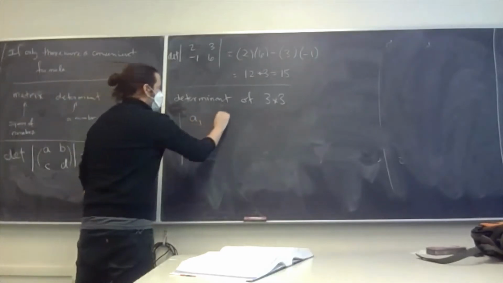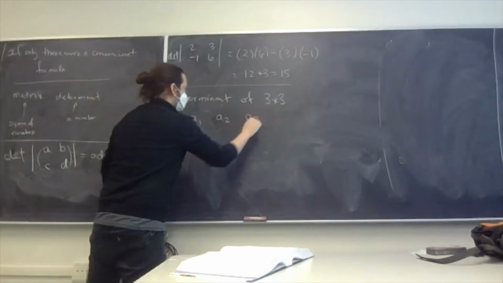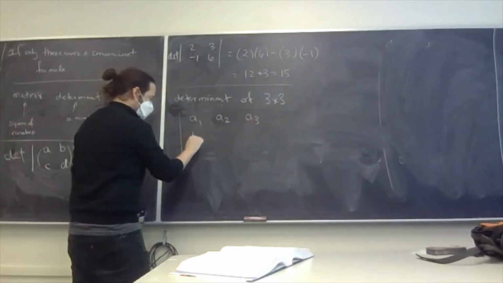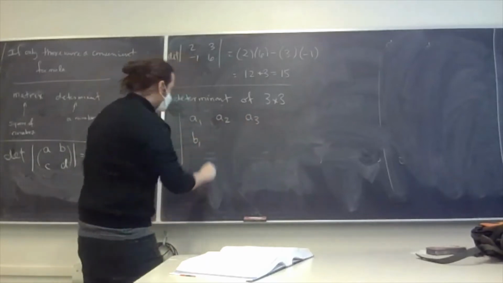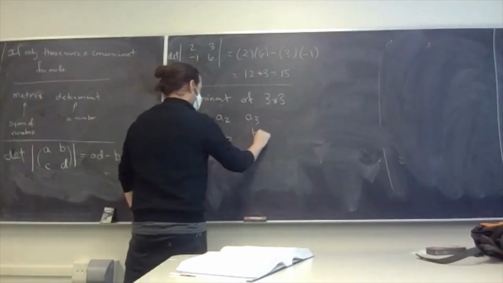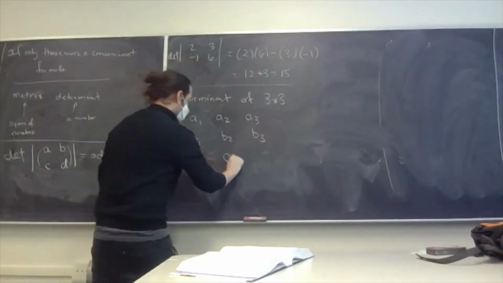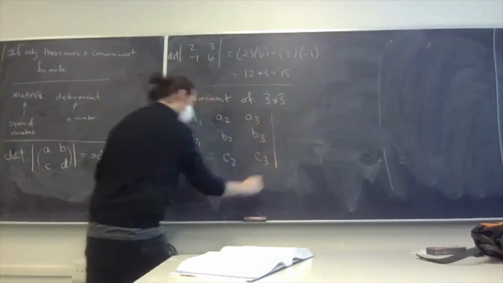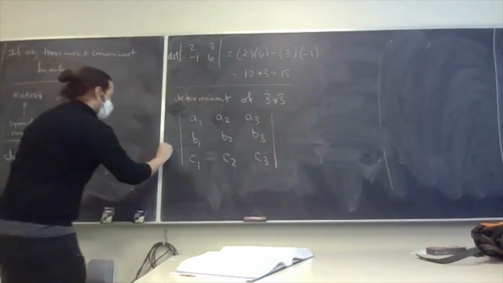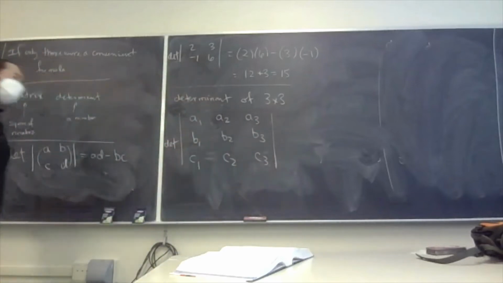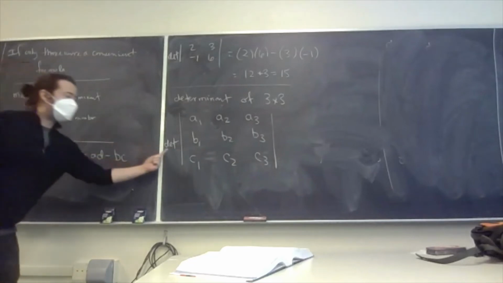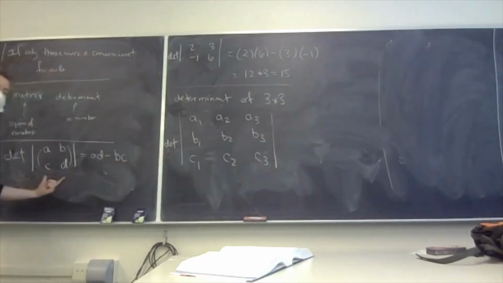So you define the determinant of a 3 by 3 matrix. They're going to use these symbols. Write the determinant symbol out here. You define this determinant by using 2 by 2 determinants.